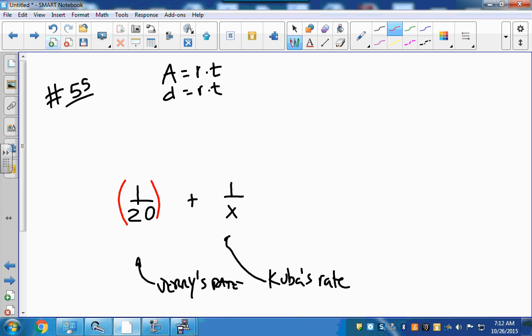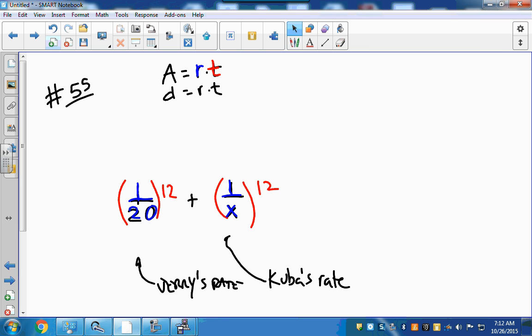So we'll put 12 there. And again, notice the time is 12. The rate, we don't know the rate. So 1/x. And 1/20. And there's the rate, there's the time. And that gives us the total amount, which is just one job.